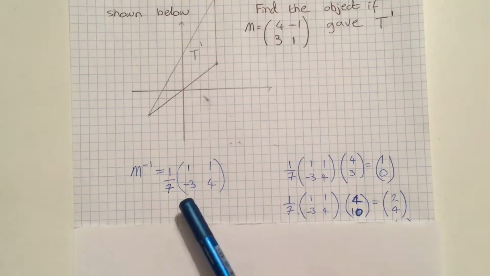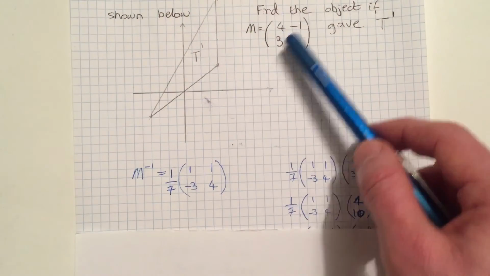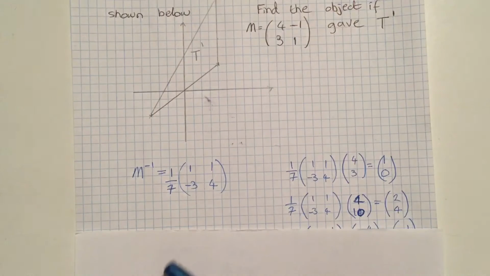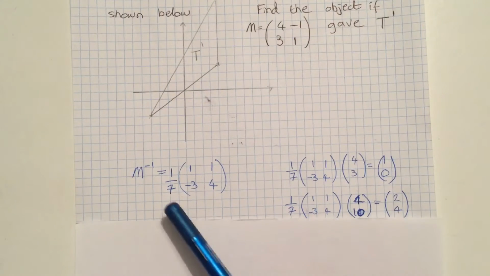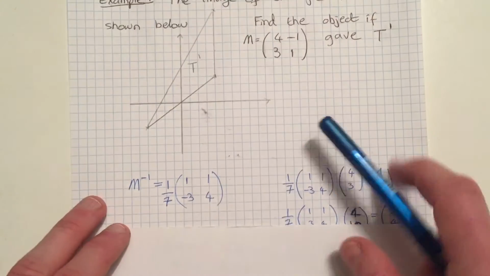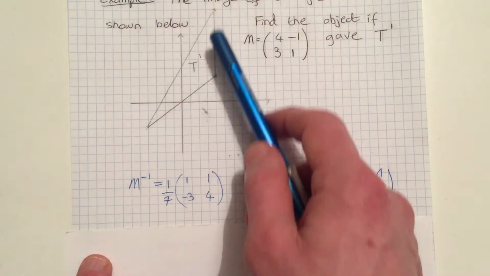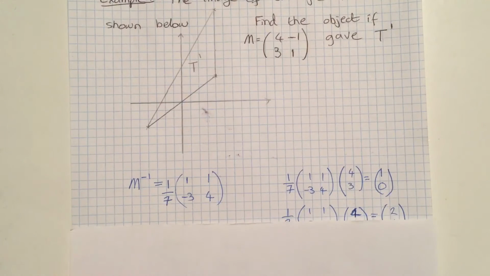So we'll have the 1, 4, changing the signs, we have 1, -3, and we divide by the determinant. So this is our inverse matrix. This is what we are going to multiply by each of these coordinates to get the original coordinates.